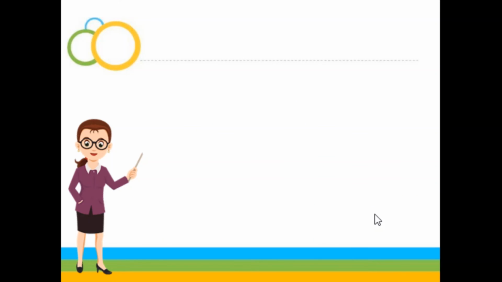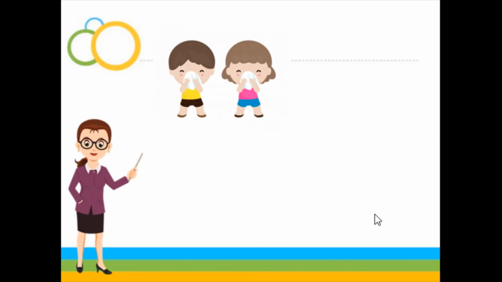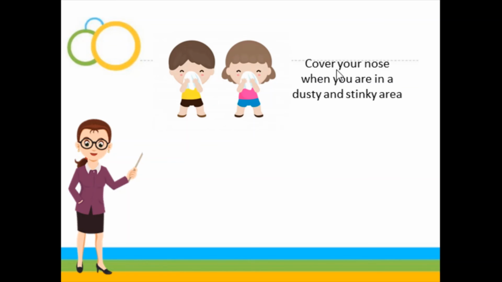First, everyone has to make sure to cover your nose when you are in a dusty and stinky area. Again, cover your nose, or if you don't like to cover your nose, you can wear a mask when you are in a dusty and stinky area.